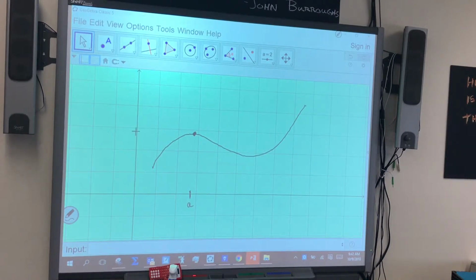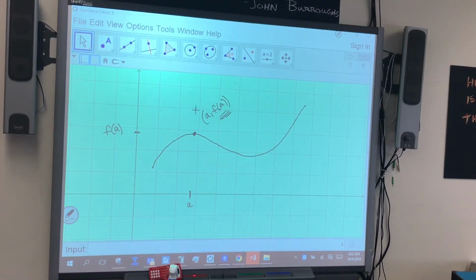This y value here would be f of a. So this ordered pair is a, f of a. They're saying that this is a maximum. f of a is your maximum value. Your y value is your maximum value.